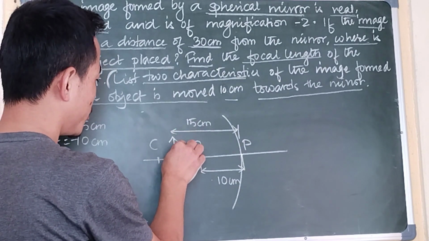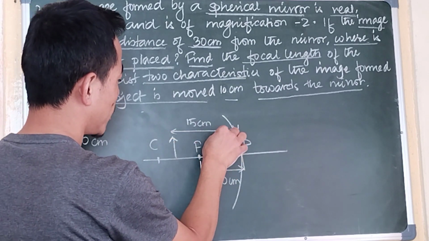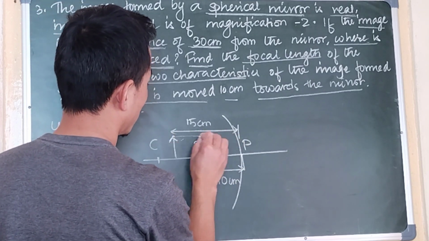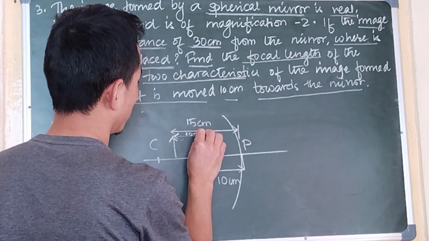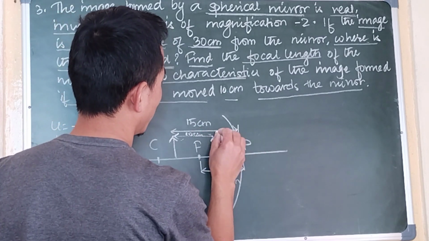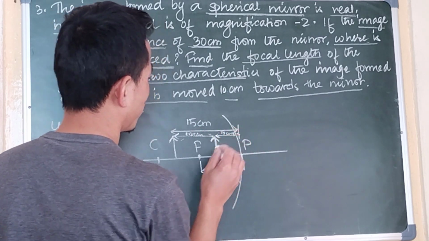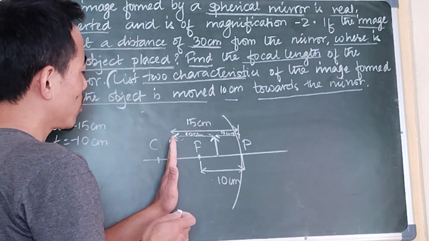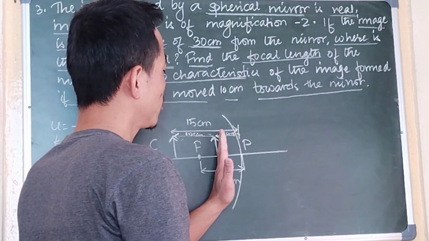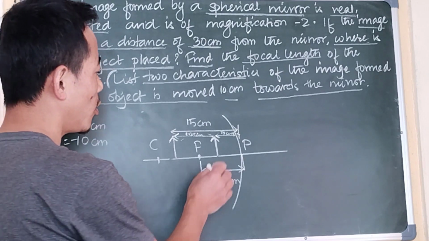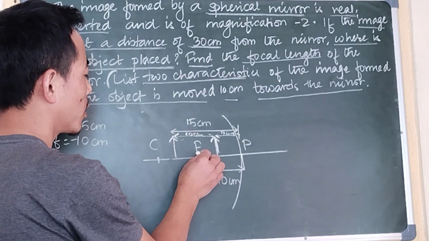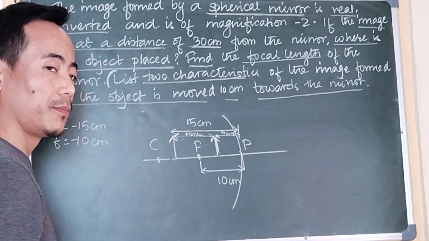Let's shift this object from here to here by 10 centimeter, so the remaining distance will be 5 centimeter. Now our object comes in a position between the focus and the pole.